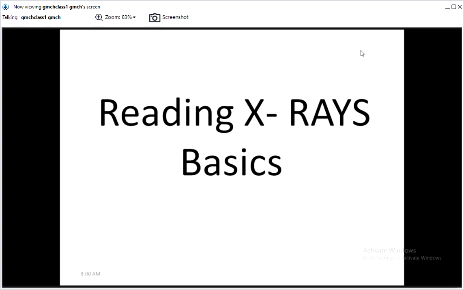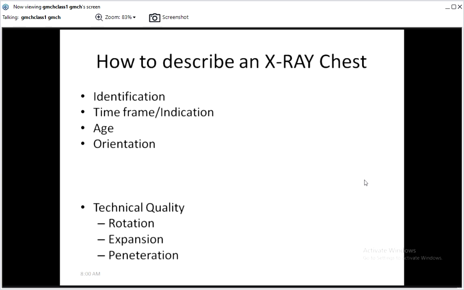What we are going to discuss today is how to go about reading X-rays. We will be dealing predominantly with the X-ray of the chest and a few other important X-rays of bony tissues. When you go ahead with X-rays, this is how you describe an X-ray chest.